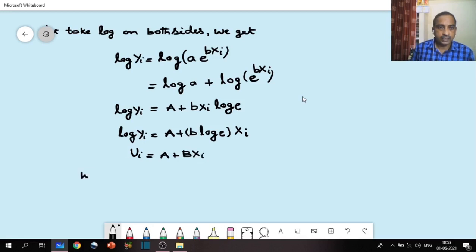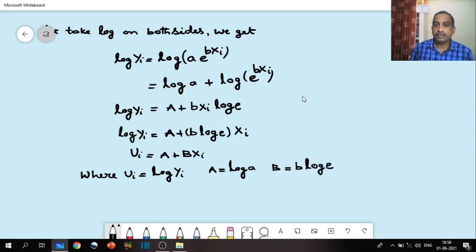Right? So now this is nothing but ui equals A plus B xi, where ui equals log yi, A equals log a and B equals b log e, that is the base 10 value, right?